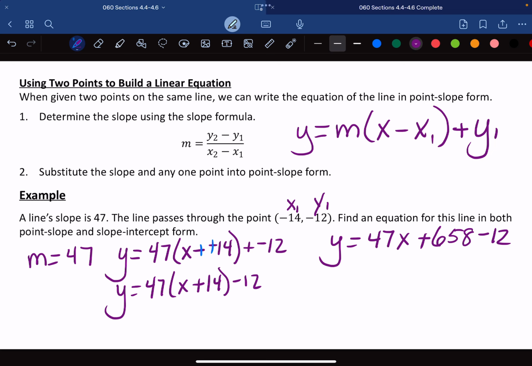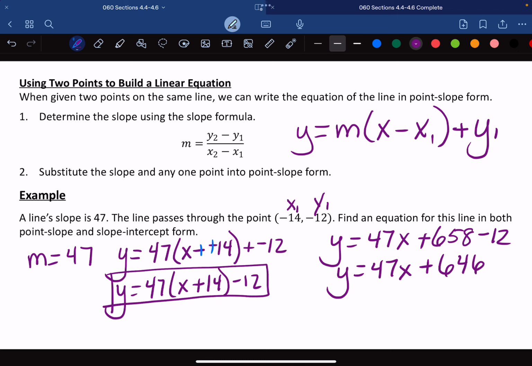And then I will subtract 12. It's a really large number. I wonder what that number is supposed to be for, huh? 646. And those are my two equivalent equations, our point-slope and our slope-intercept.